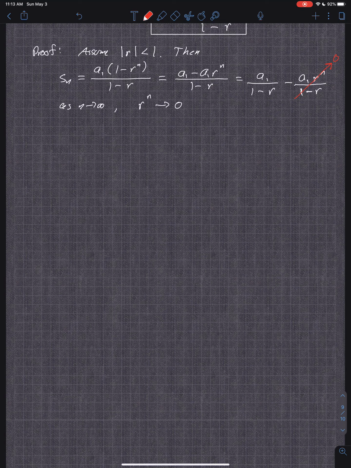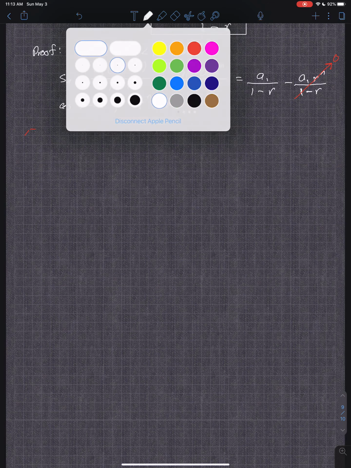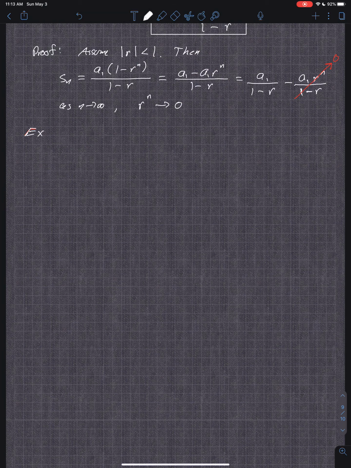Okay, so next example. Find the infinite sum 1/2, 1/4, 1/8. It's the same one we just did. So we know r is equal to 1/2, which is less than 1. So we may apply the infinite sum formula for geometric.